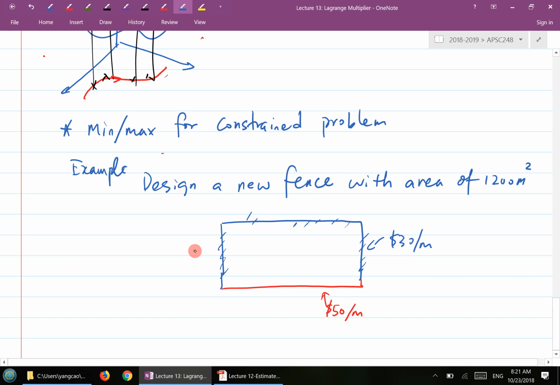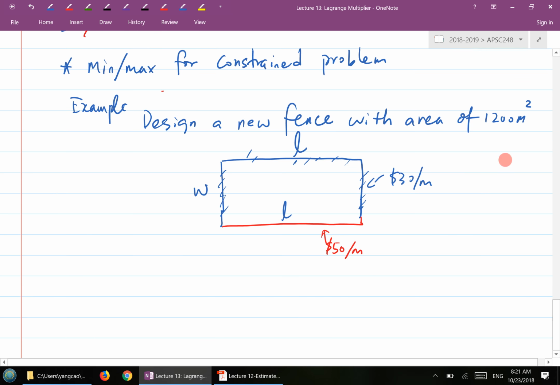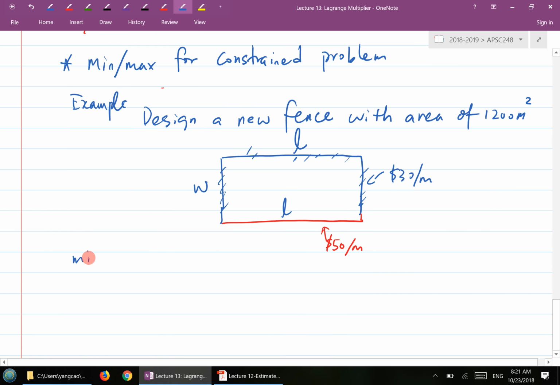So you have a rectangular fence, with L here and W as the height. And what you want is to minimize the cost. This is a very practical problem.